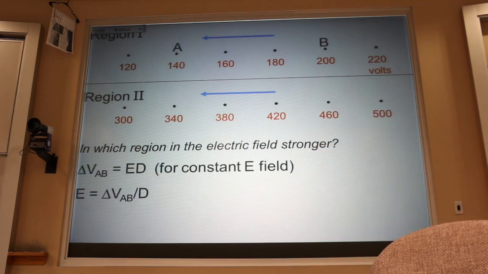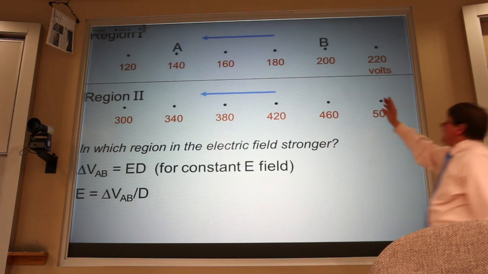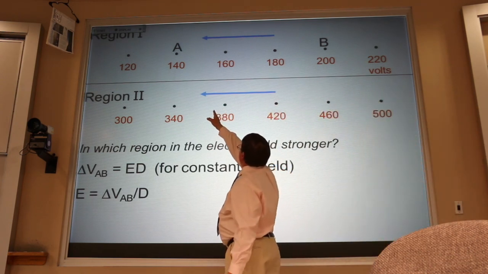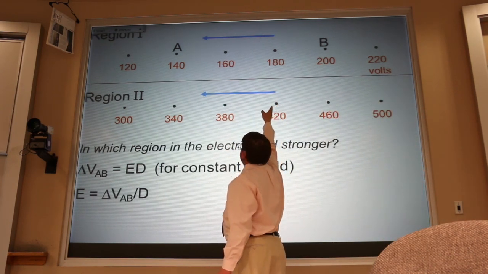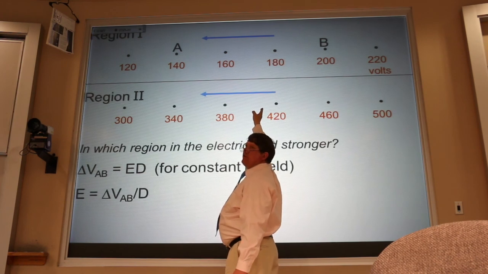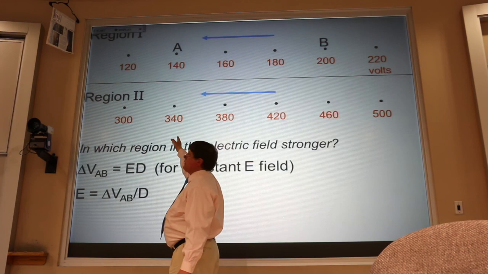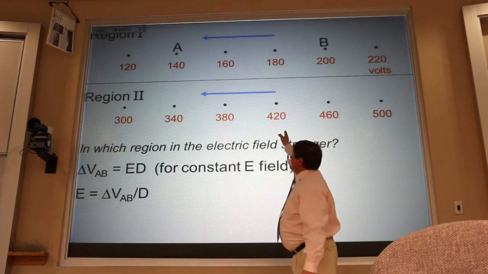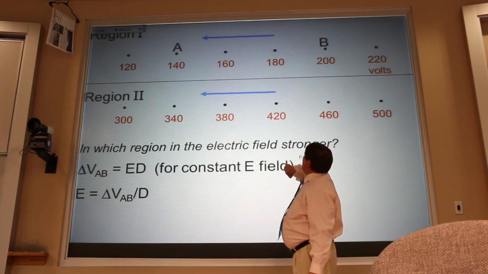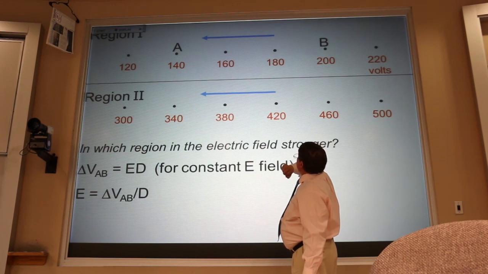If I look in region 1, I'm going from 140 volts to 180 volts. That's a change of 60 volts. If I look at region 2, I'm going from 340 volts to 420 volts. That is a change of 120?